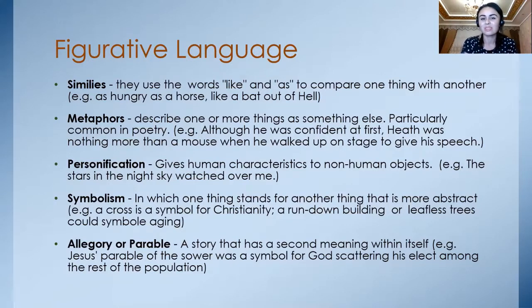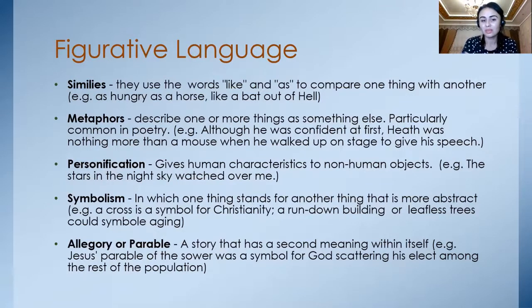Of course, we know that stars don't have eyes to watch over us, but giving human characteristics to stars makes our message very vivid and it creates emotions in the listeners. So as emotions and empathy building is our main aim here, we should use this kind of figurative language strategy very often when writing a narrative.